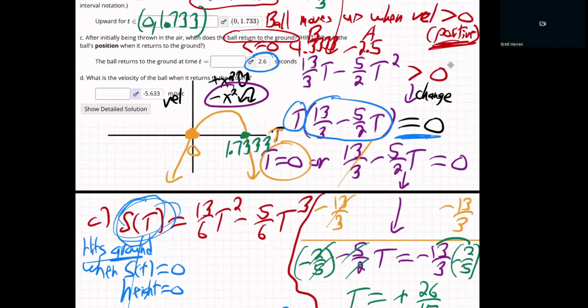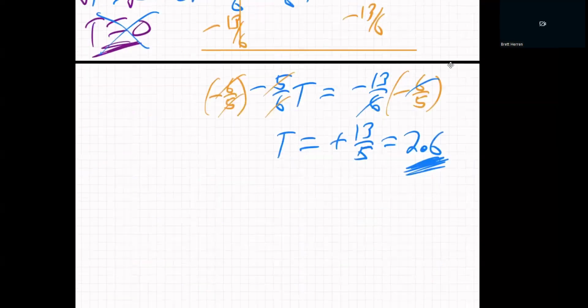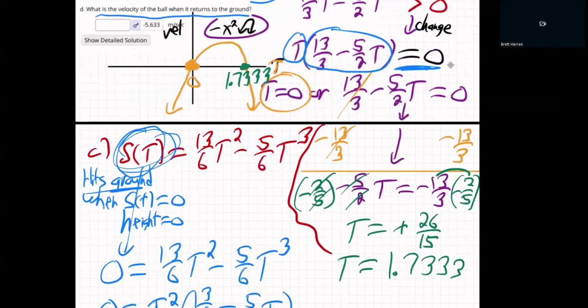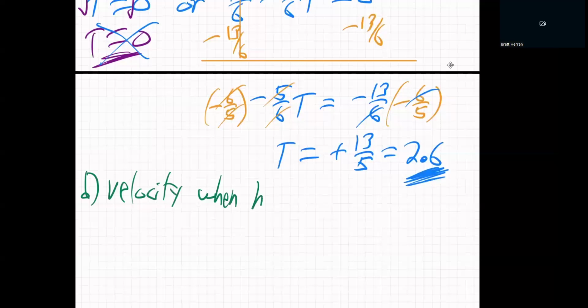And then the final question is right here. What is the velocity of the ball when it returns to the ground? It's part D, I think. It's part D. Yeah, part D. Velocity when it hits the ground.